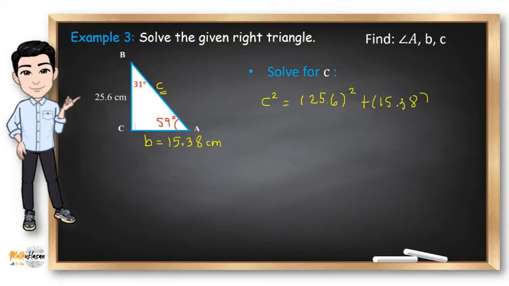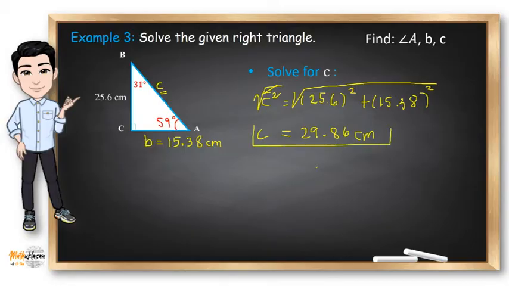Kasi nga, given na yung dalawang sides ng ating triangle. So, kung given ang dalawang sides, di na mahirap hanapin yung C or the third side by using Pythagorean theorem. Squaring both sides, we'll get the value of C. By using your calculator, the final answer will be 29.86 centimeters.